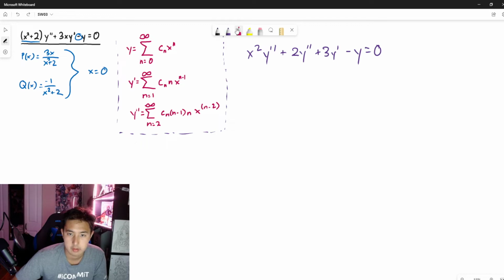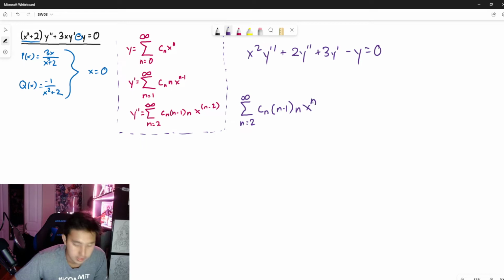So we end up with the sum from 2 to infinity of c n times n minus 1 times n, x to the n. Then we put it all in parentheses.